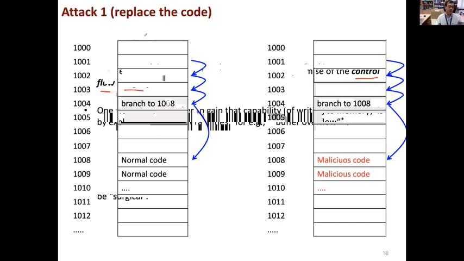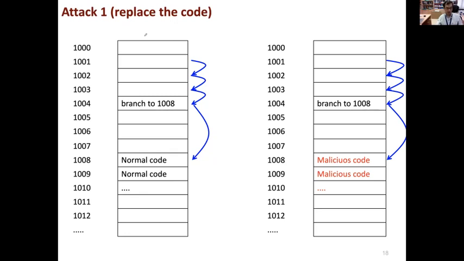Remember that programs are data, and data are also programs. So these are the codes, and normally you execute in this way, this way, and this way, and then they branch to some part of the library. Assume the attacker has the capability to modify the data from 1008 onwards.